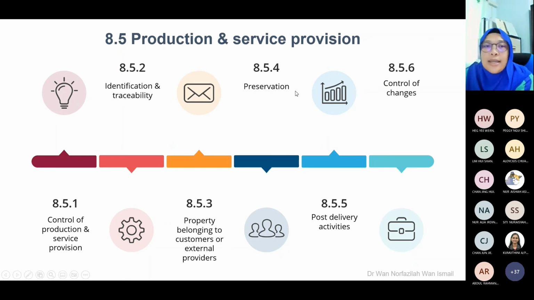Okay, 8.5.4, preservation, depends on your products or what service you provide to your customers. Okay, how you preserve them. Okay, and then 8.5.5, post-delivery activities. Post-delivery activities means that after you have finished the services or you already deliver the product to your customer, what are the requirements for post-delivery activities?